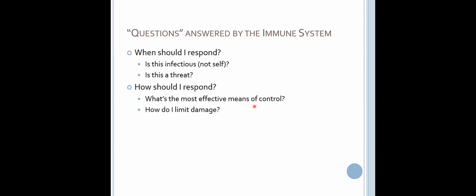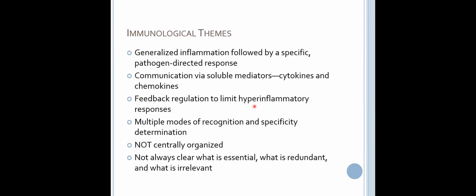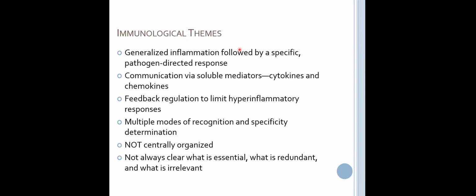Some of the themes that we'll talk about in this first lecture and throughout the course are that the immune system generally takes this path, whatever immune response we're thinking about, whether it's against a virus or bacteria or a parasite: a very generalized inflammation while information is being gathered, followed by a specific pathogen-directed response.